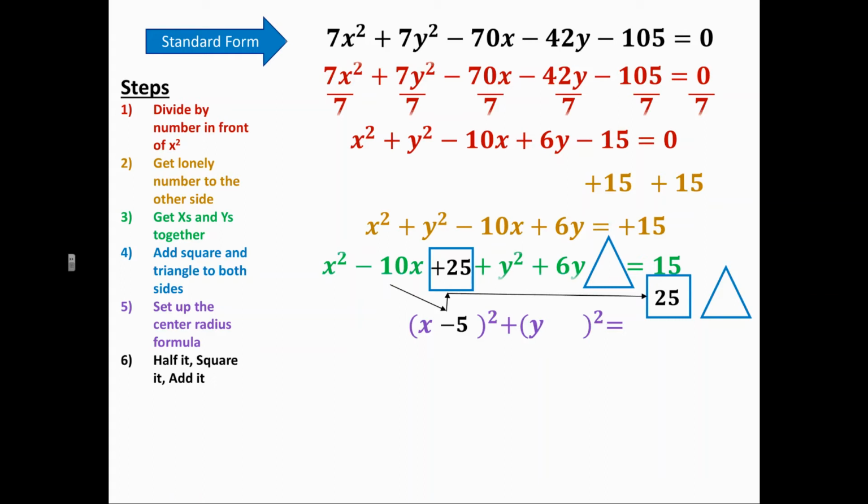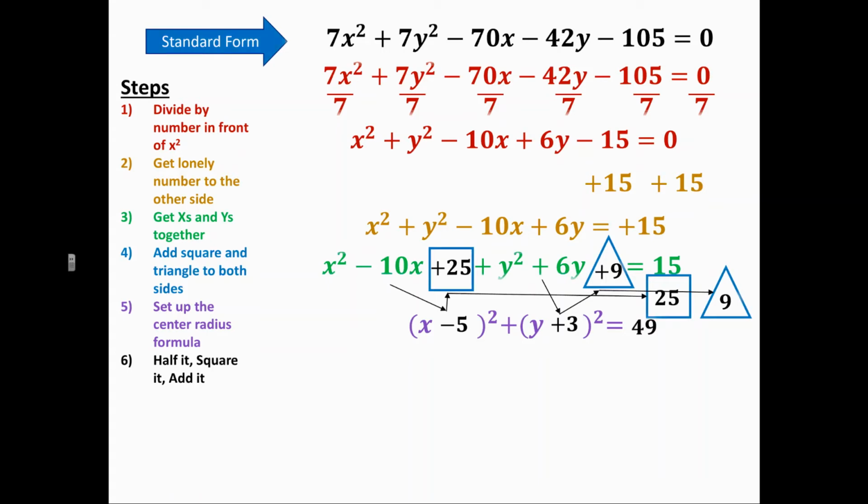So when we half it, square it, add it, we're taking that +6, which means my y is going to be a +3. Halved it, squared it, +3 times +3 is 9, and then add it to the other side. Get all of our constants together, and we get a 49.